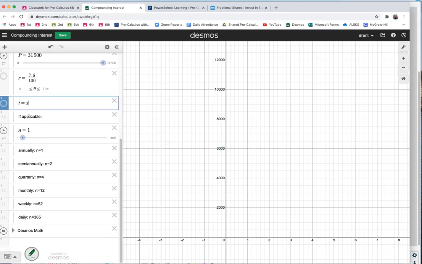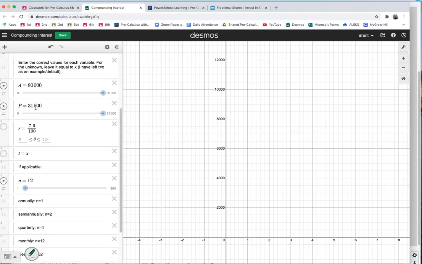Now on this, if applicable, here's what I wanted you to know. We know there are 12 months in a year, so we already know it's 12. But if you did not know that, I programmed in the ones that I think you might see, and I put them in order: annually, semi-annually, quarterly, monthly, weekly, daily. They're on that list just to tell you, depending on the word used, what to set n equal to.